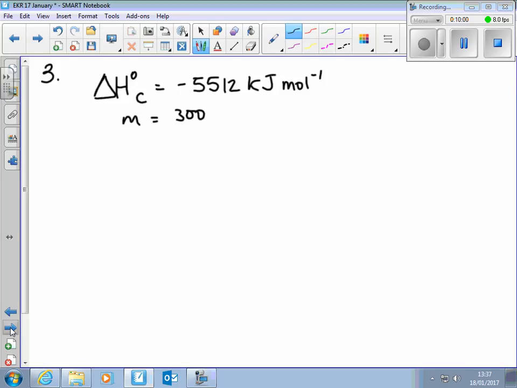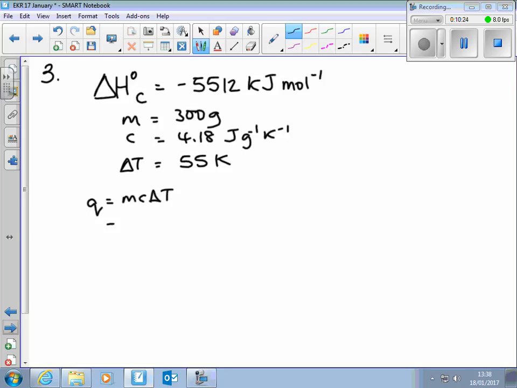We're told M equals 300 grams, we know what C is, that's constant, joules per gram per Kelvin, and we're told our delta T is 55. So we can immediately work out Q equals mc delta T. Multiply that lot together and you get 68970 joules, so that's 68.97 kilojoules.